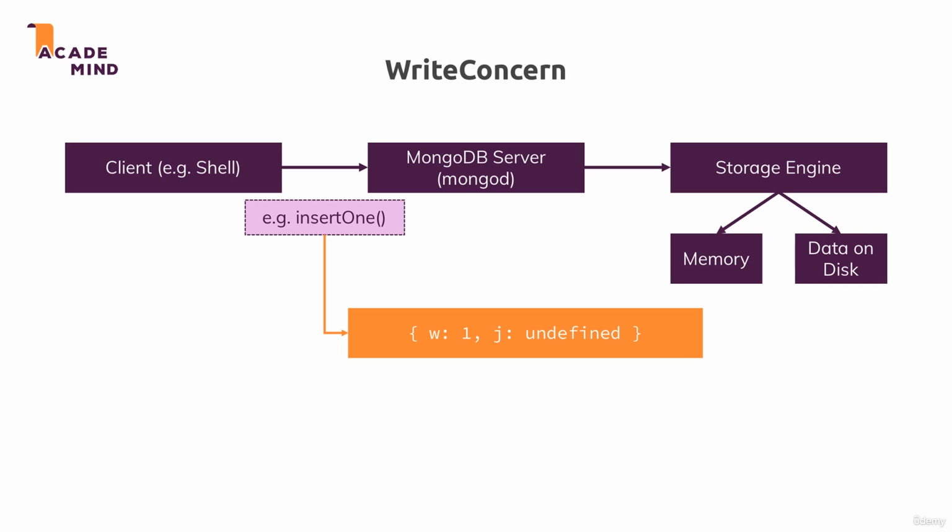That is also something we'll cover towards the end of the course, so let's ignore it for now. So on how many instances you want this write to be acknowledged. With w:1, which is the default, you're basically saying, hey, my MongoDB server should have accepted that write. So the storage engine is aware of it and will eventually write it to the disk.